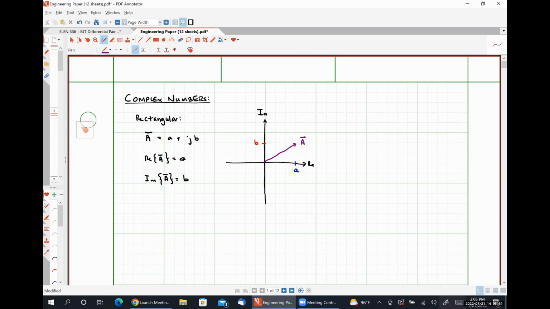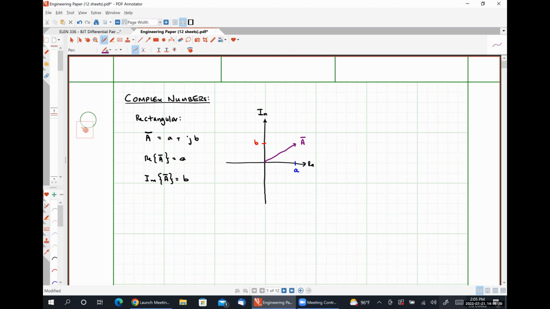So it's a combination of real and imaginary parts. Okay. Our complex number plane is nothing more than a 2D Cartesian coordinate system like we are all used to. Okay.